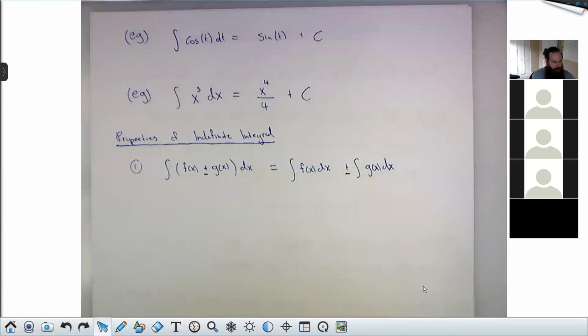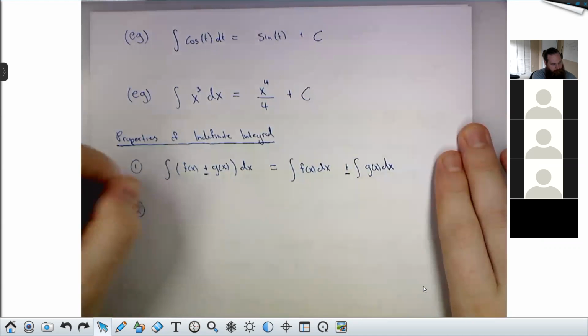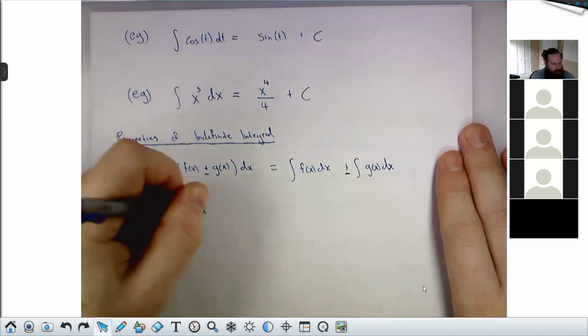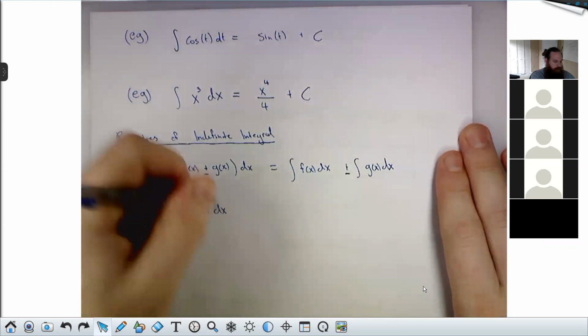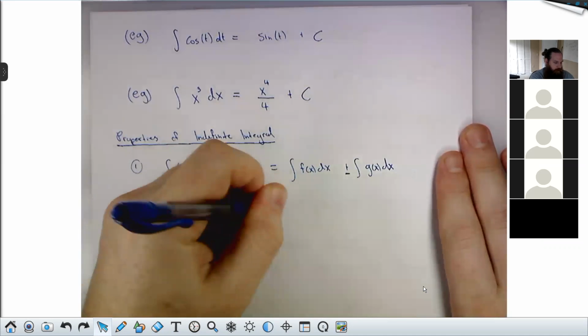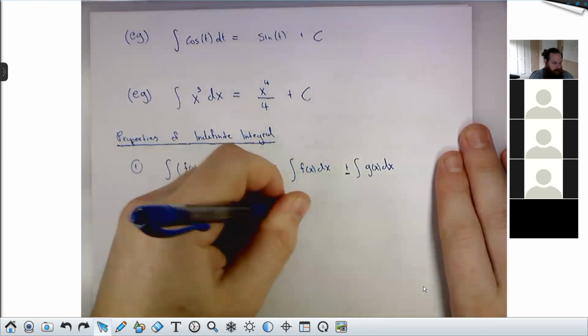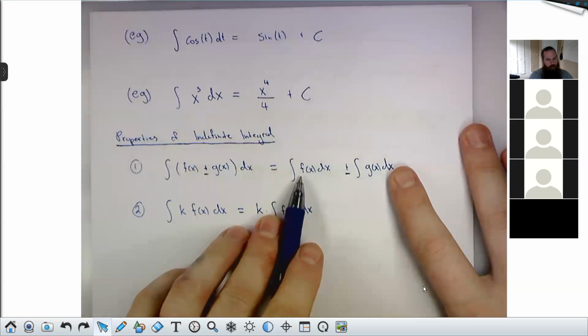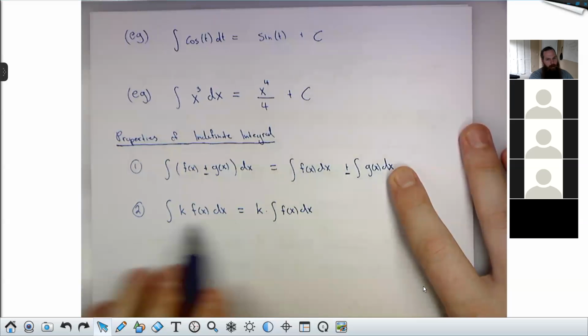The second really important property of this object: if k is a constant, then the integral of k times f of x dx is the same as k times the integral of f of x dx. So you can split up the integral over addition and subtraction, and constants pop out.